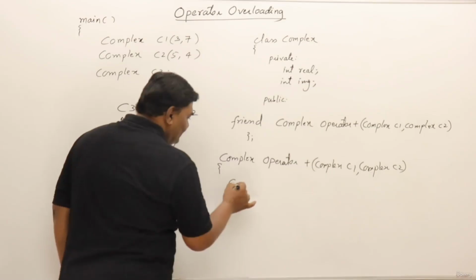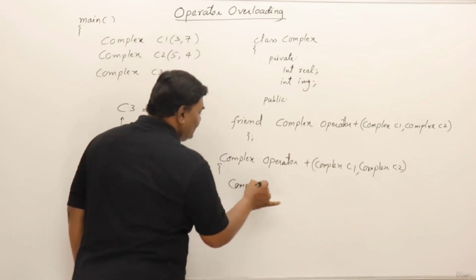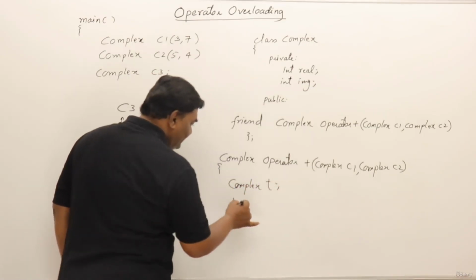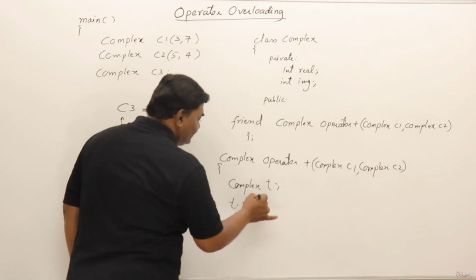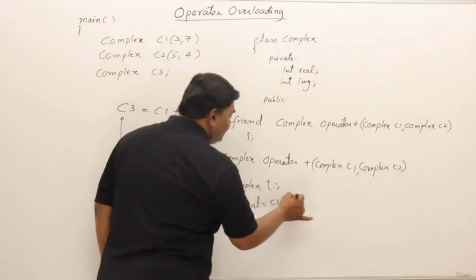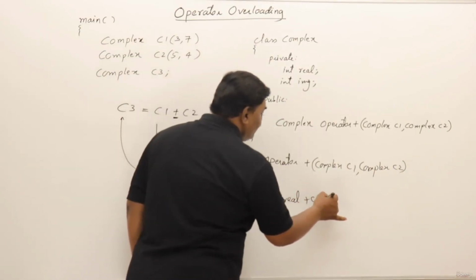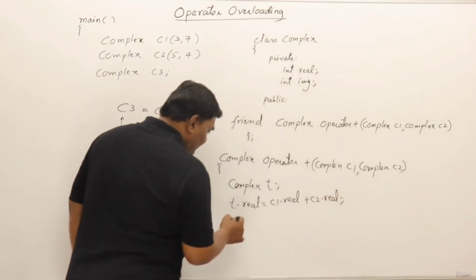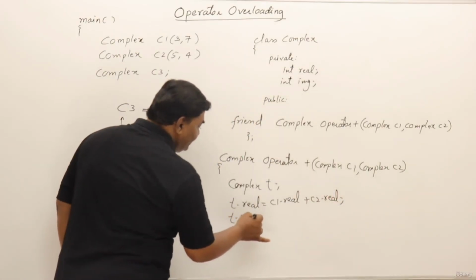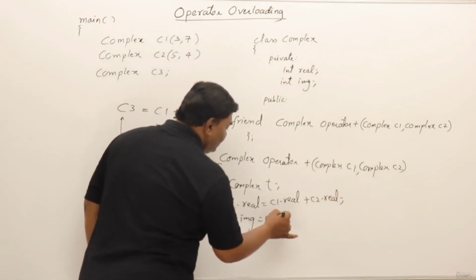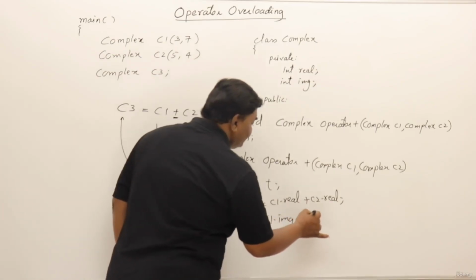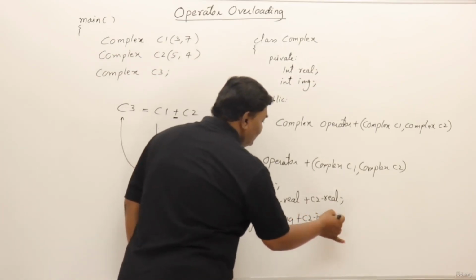Then here let us take a temporary variable complex t. Then t dot real is assigned with C1 dot real plus C2 dot real. Then t dot imaginary is assigned with C1 dot imaginary plus C2 dot imaginary.